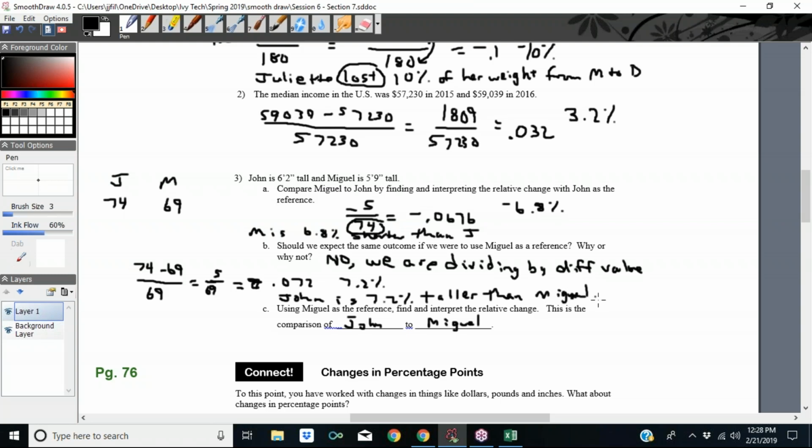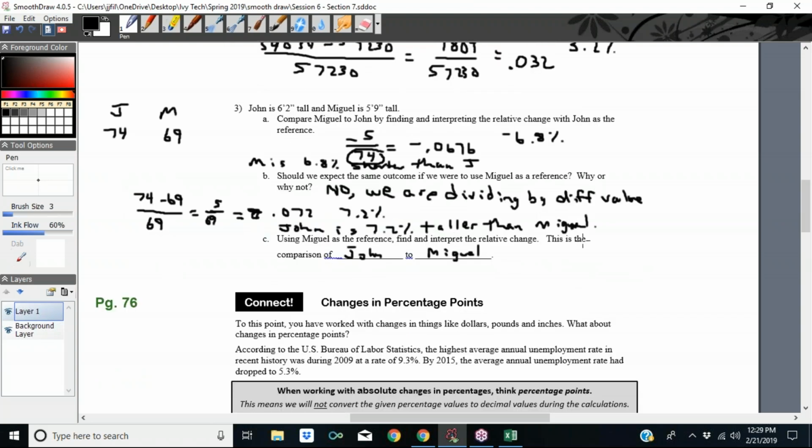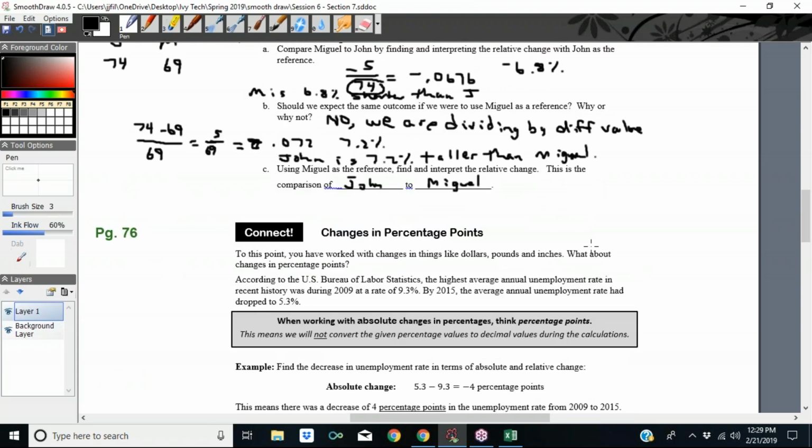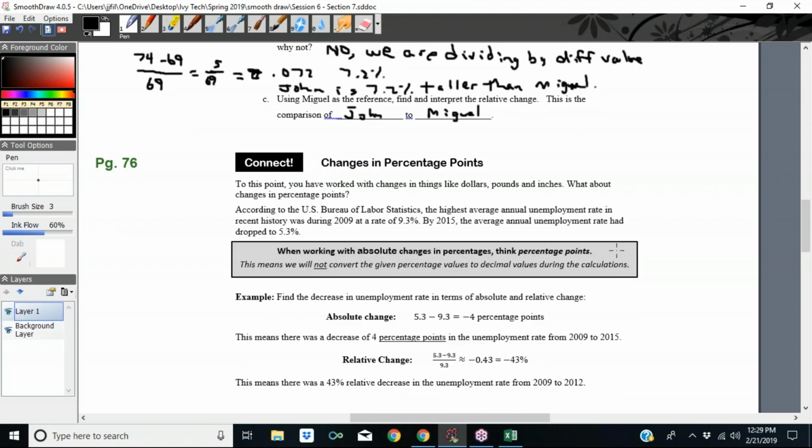So do you see how Miguel is 6.8% shorter than John, and John is 7.2% taller than Miguel? The reason those answers are different is because we're dividing by a different number each time. So be careful when you look at these and you answer questions about making these comparisons. How you define the reference value determines what that percent is going to be, and it changes.